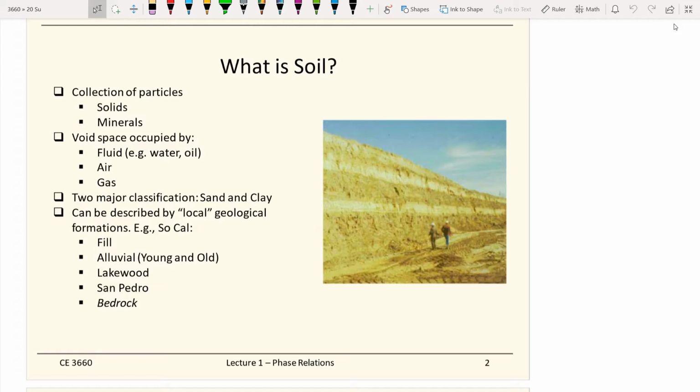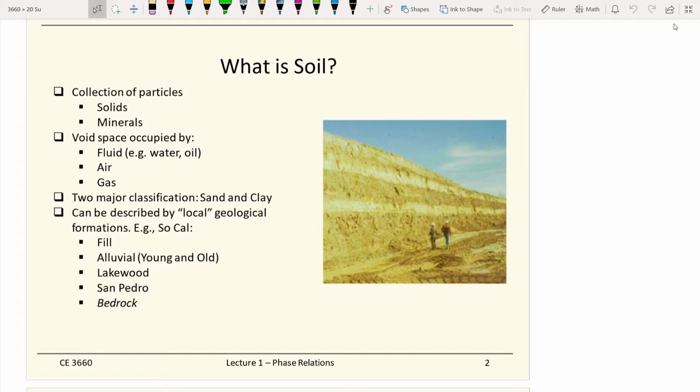Within the particles or minerals, the soil matrix could be filled with fluid, which is water. So sometimes you feel some moisture in your hand when you touch the soil. That is because you have water or another kind of fluid within the soils.